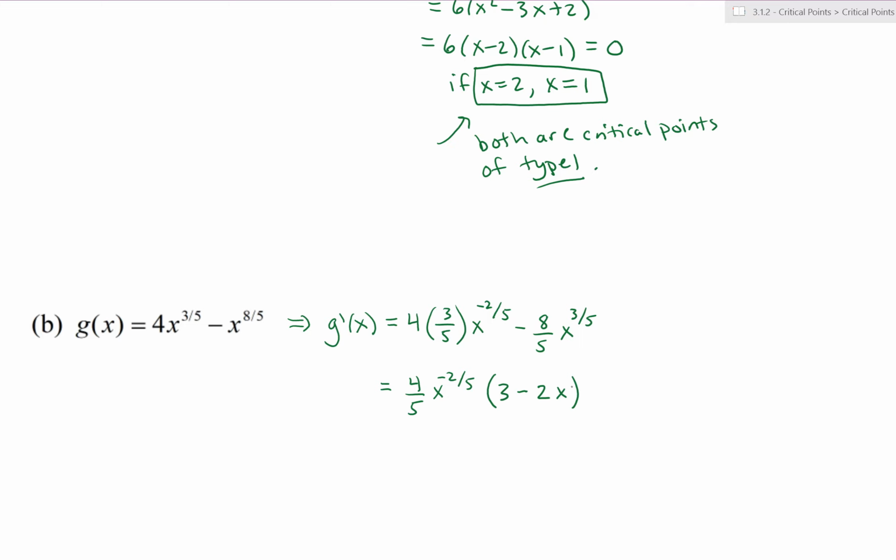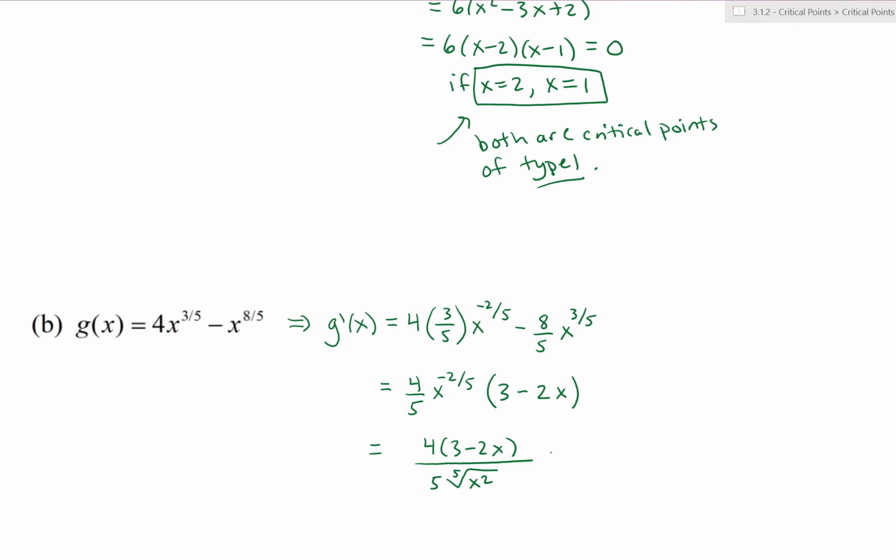So there's my factorization for this derivative. And of course, if I rewrite it just one more time, this is the same as 4 times (3 minus 2x) divided by 5 times the 5th root of x squared. Just putting that term in the front in radical form and in the denominator with a positive exponent.